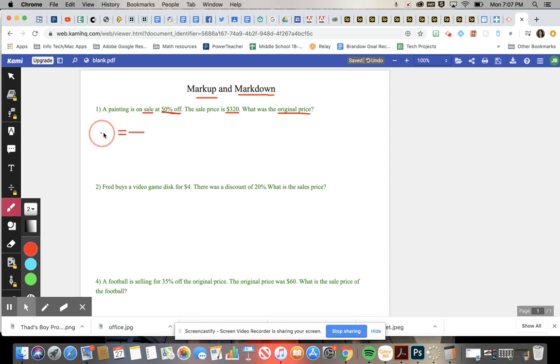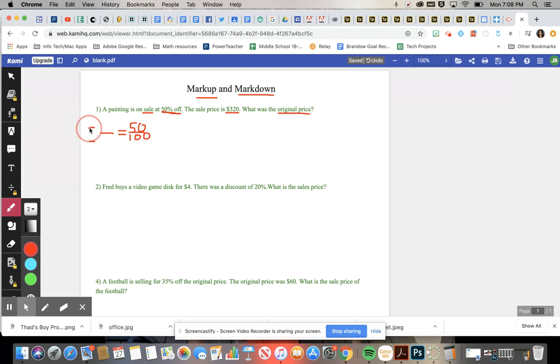And that would look similar to this. So I have this 50%, and I can write that as 50 over 100. 50%, the fraction that goes with it is 50 over 100. Percents are always going to be out of that 100%. And then we have the other piece of information that we know, the sale price. On the left-hand side, we're going to have something on the top and something on the bottom.